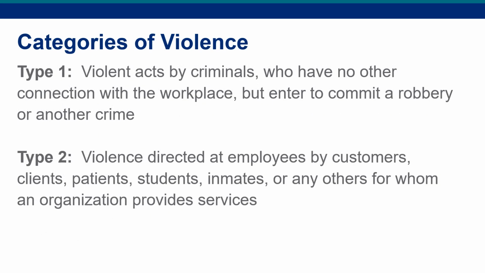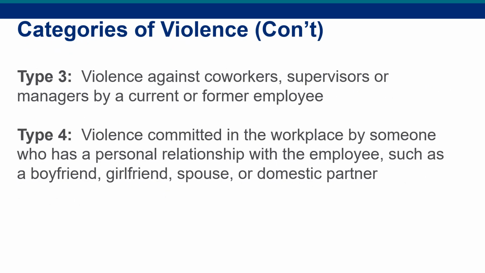Categories of violence. Type 1: violent acts by criminals who have no other connection with the workplace but enter to commit a robbery or another crime. Type 2: violence directed at employees by customers, clients, patients, students, inmates, or any others for whom an organization provides services.